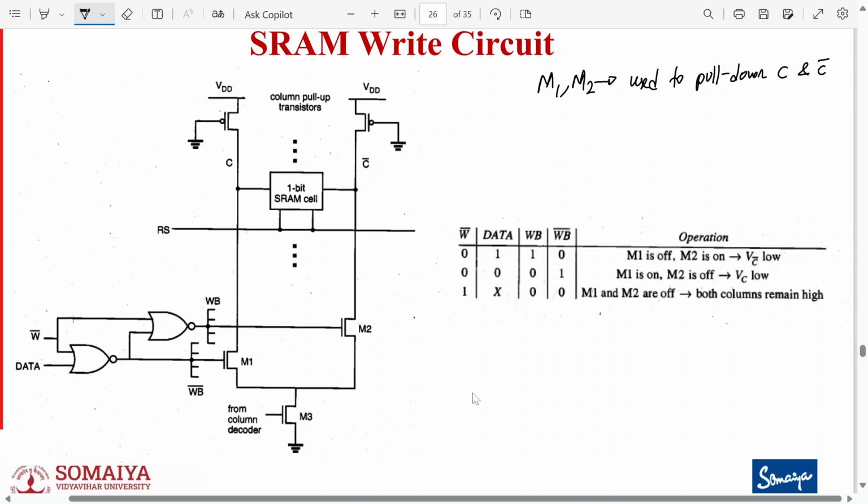So M1 via M3. M3 should also be on, and when M2 is on and M3 is on, it will conduct the path to the ground. So they pull down C and C bar.